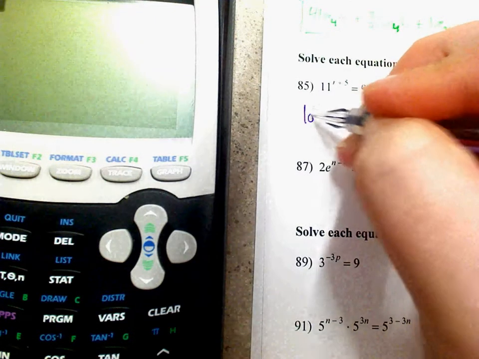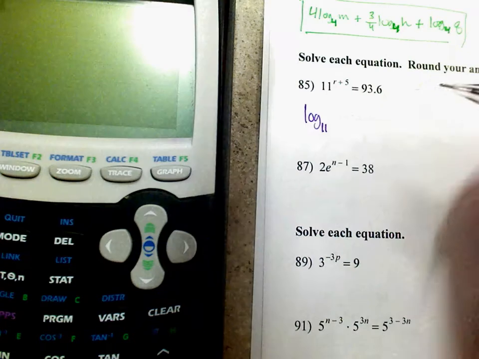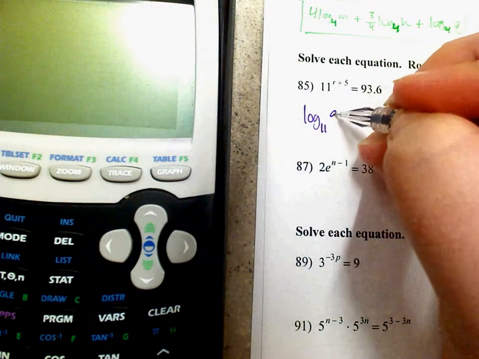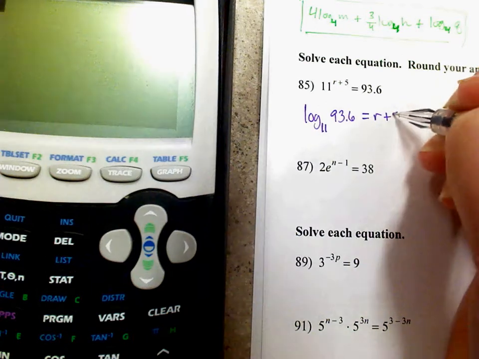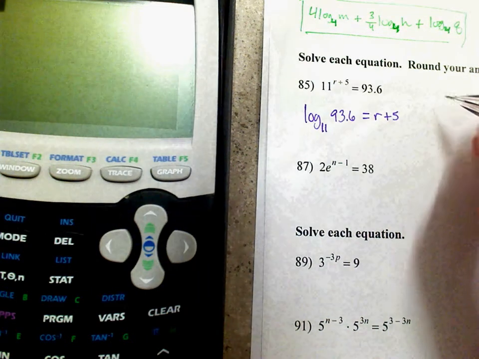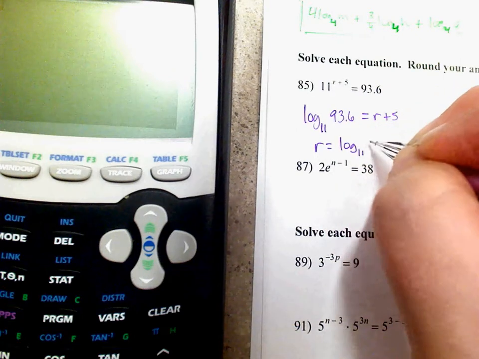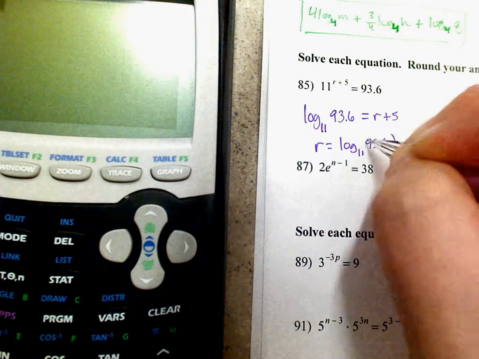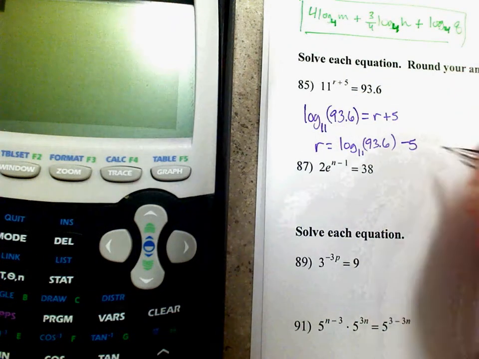So I could do log base. Okay, so the base of the exponent is the same thing as the base of the log. So log base 11 of 93.6, and then equals the power r plus 5. The goal is to solve for r, so final answer, r equals log base 11 of 93.6. That's inside the logarithm. We're taking the log of this number, and then minus 5 outside.